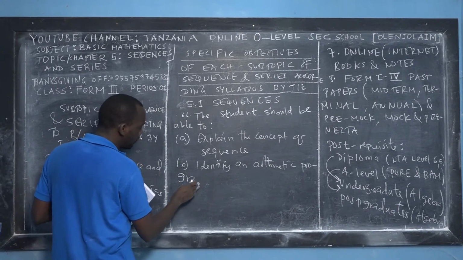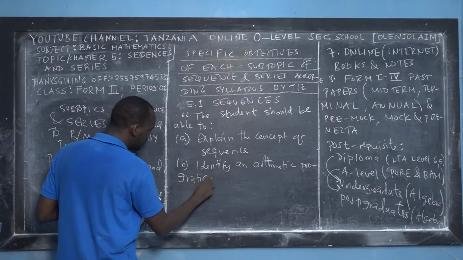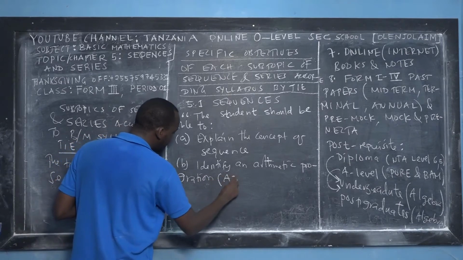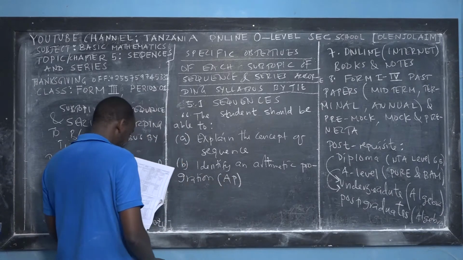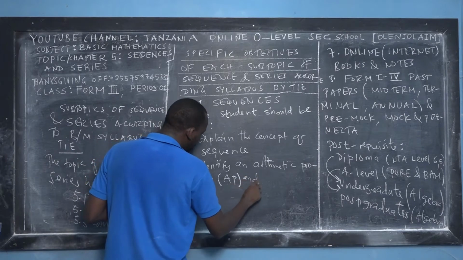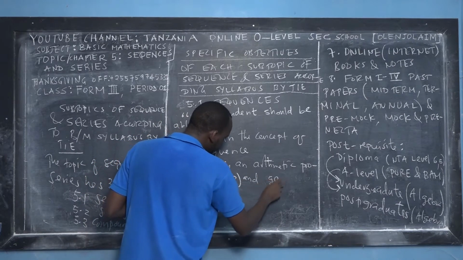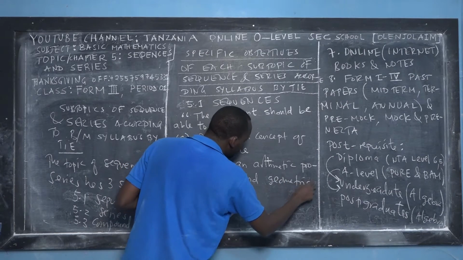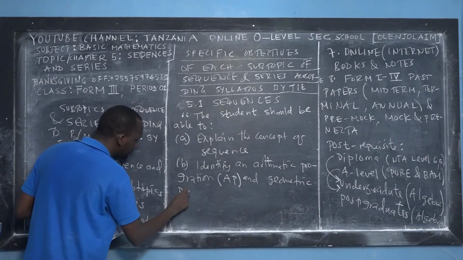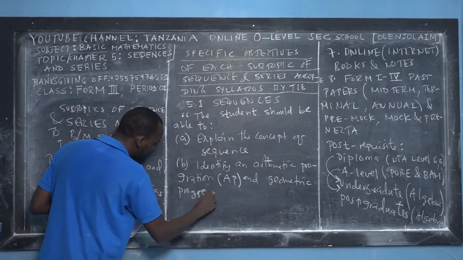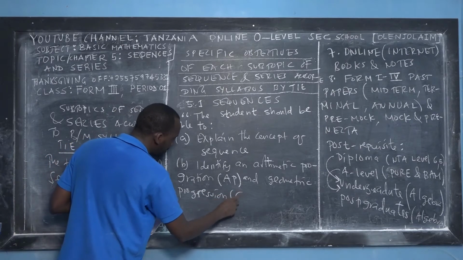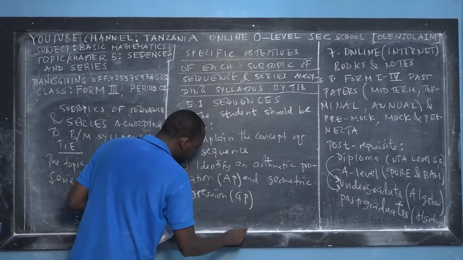Arithmetic progression, abbreviated AP, and also the student should know about the geometric progression, GP.